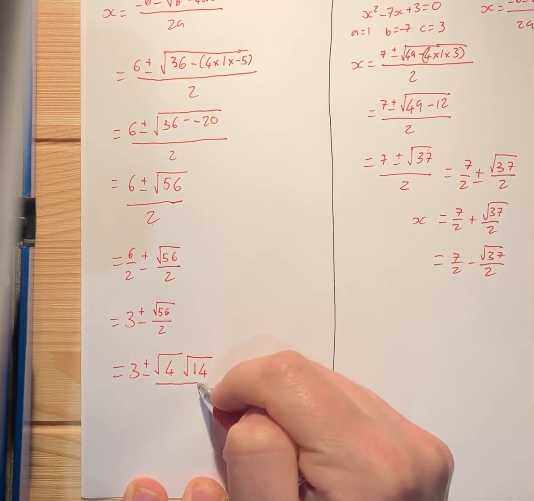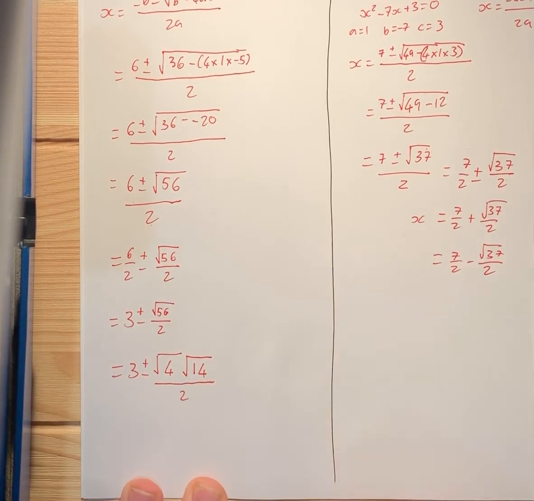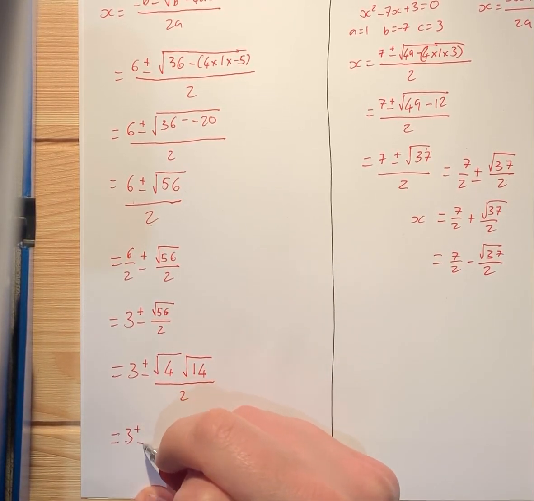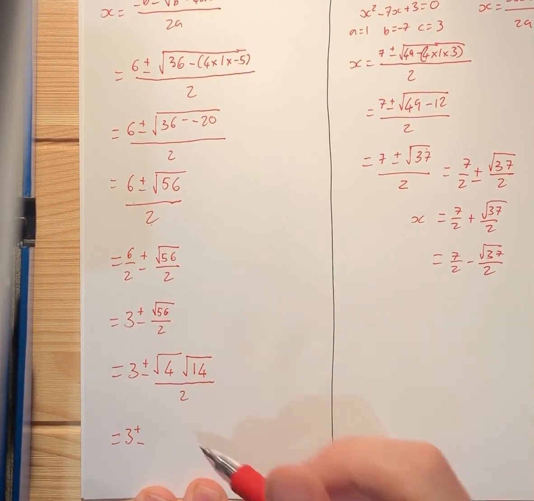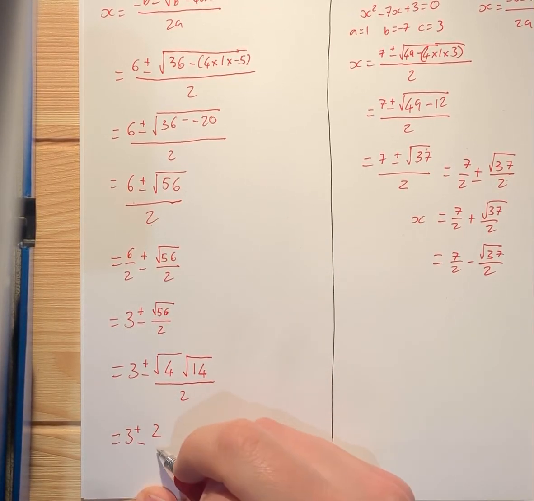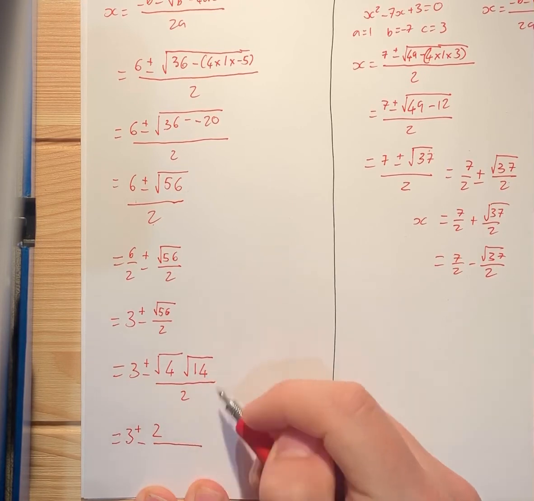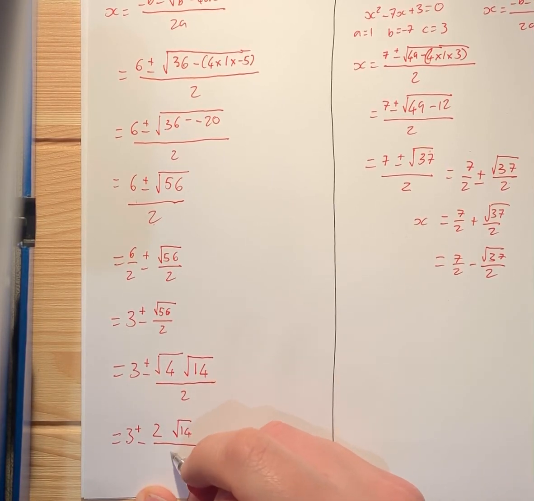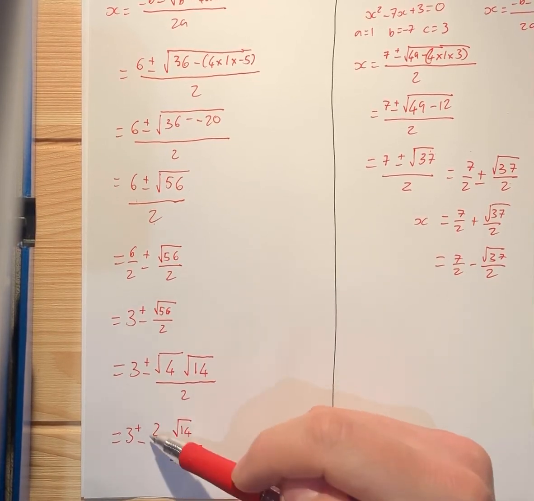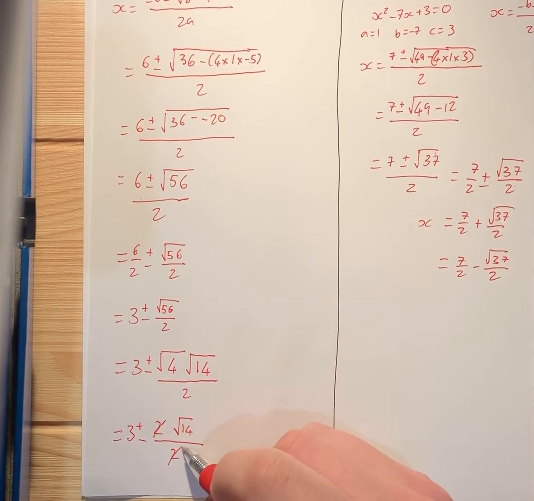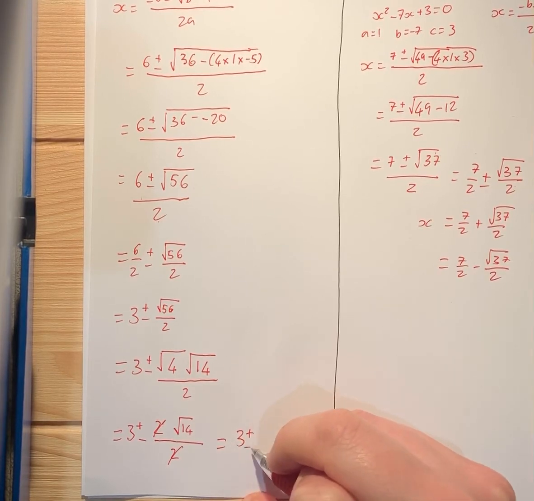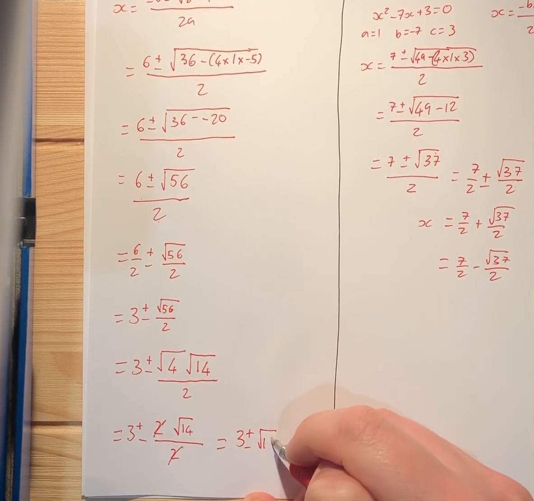Remember that thing is still all over 2, which gives me 3 plus minus, well, I know that root 4 is 2, so that's going to be 2 root 14, all over 2. And at the very end, they'll cancel through, which gives me the final answer of 3 plus minus root 14.